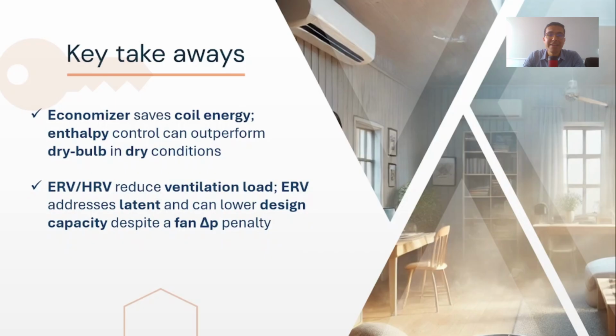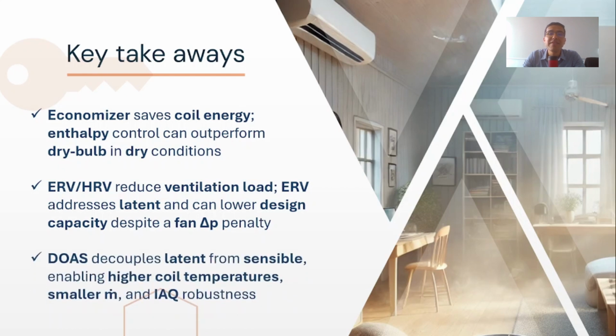Next, consider energy recovery. Devices like ERVs and HRVs effectively shift the ventilation load. ERVs are particularly powerful because they reduce both the temperature and humidity of the incoming air, often shrinking the required coil duty and design capacity enough to outweigh the slight fan pressure penalty.